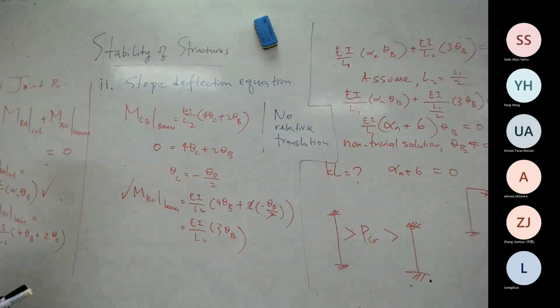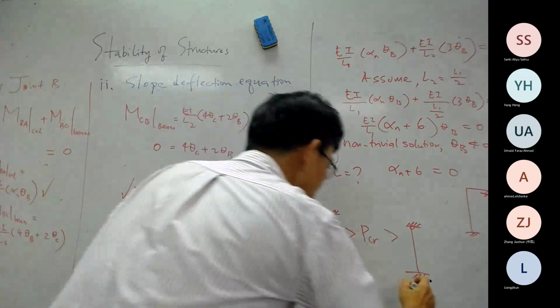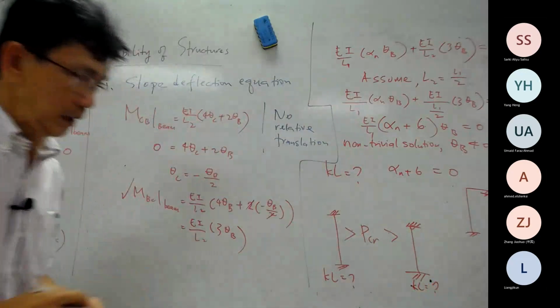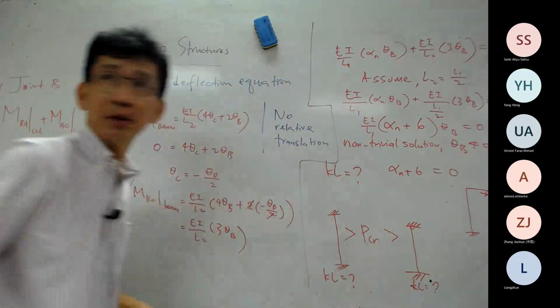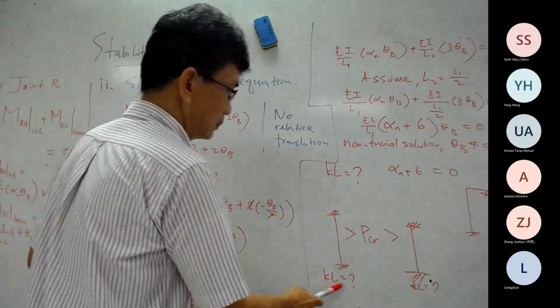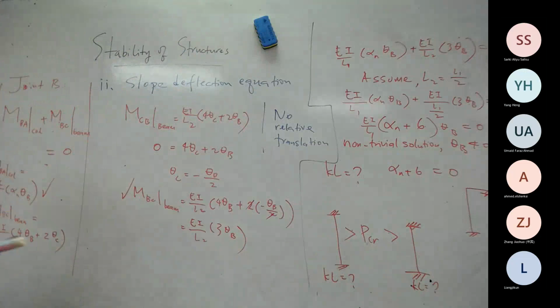So if we can guess this, we know what is the KL value for this and what is the KL value for this. Then you narrow down the range.